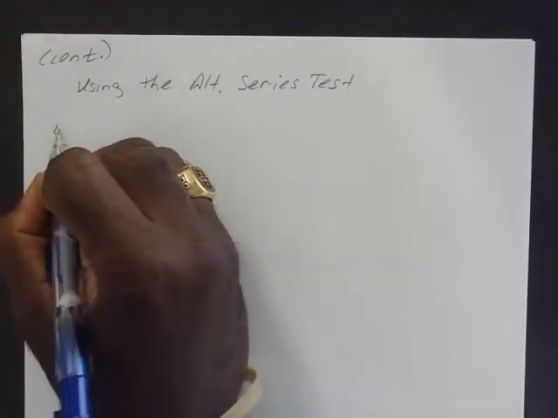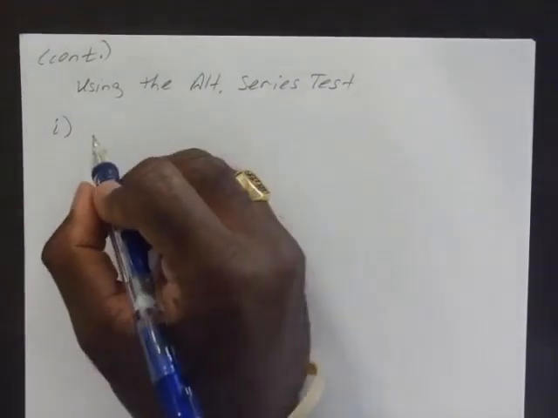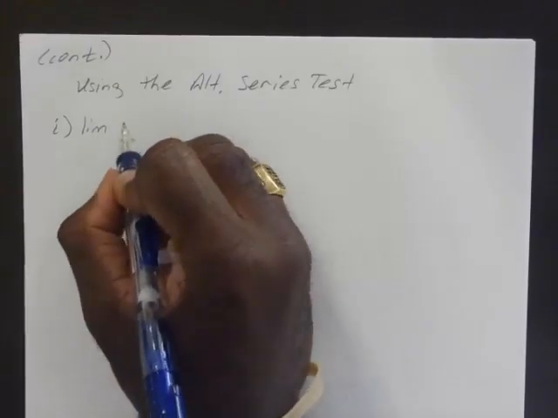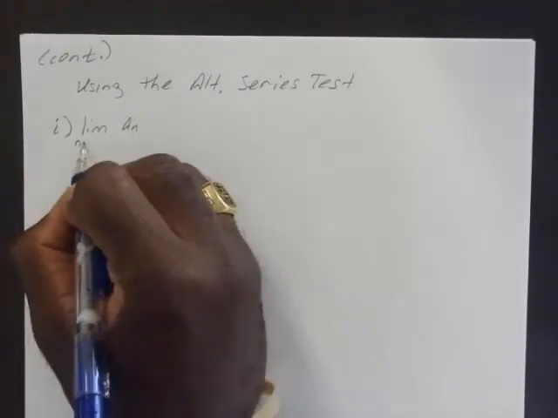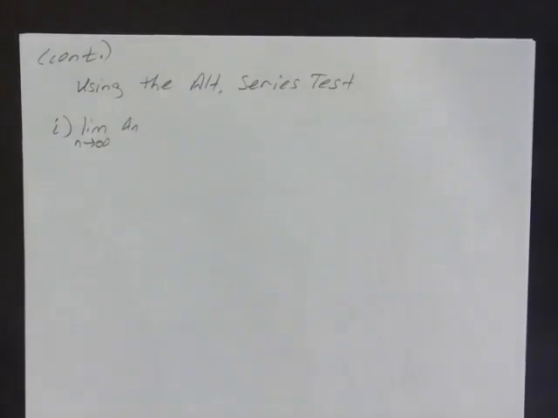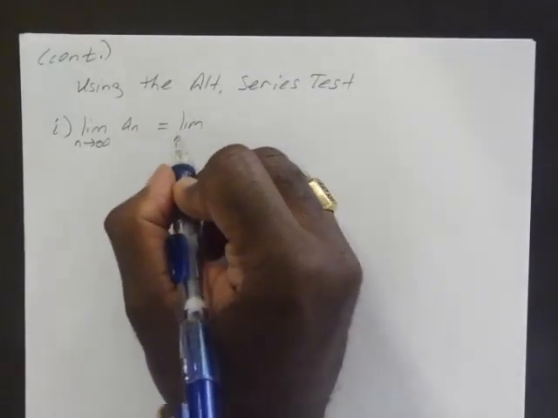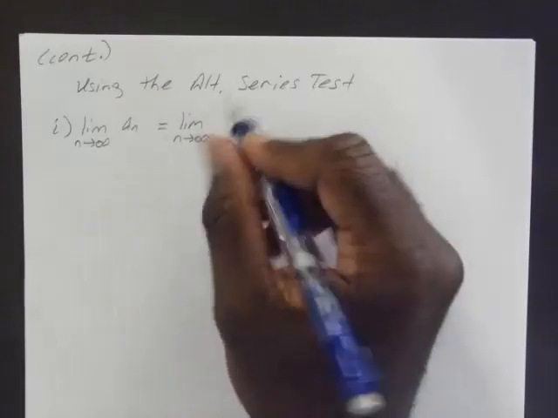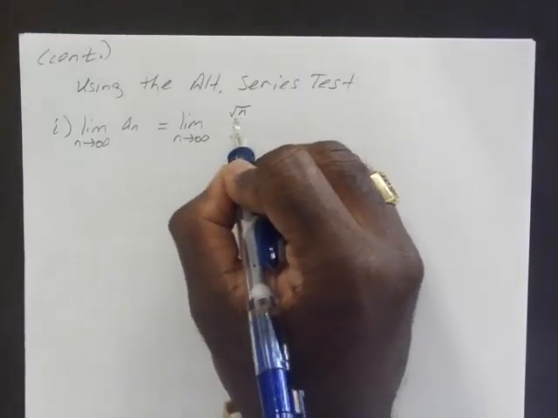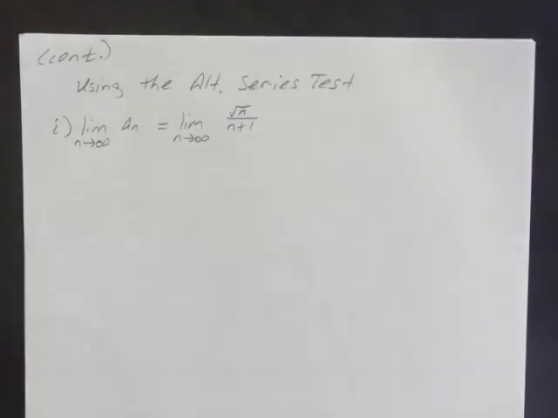Okay, so we know that the first condition is we have to find the limit of your a sub n as n approaches infinity, where we know that if it equals 0, then it's convergent. So that's going to equal the limit as n approaches infinity of the square root of n divided by n plus 1.